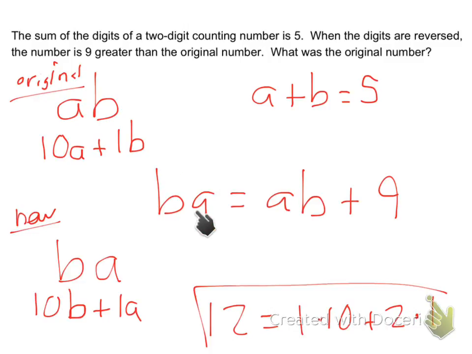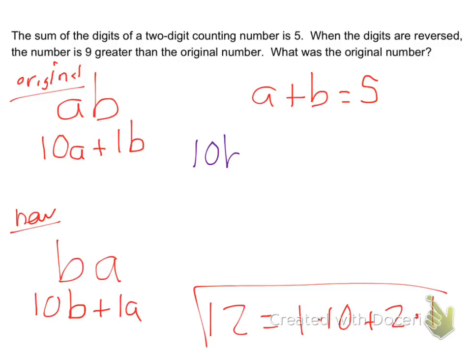That's not right. I think this is the right setup, as in the new number is the old number plus 9, but the value of the new number is 10B plus A. The old number is 10A plus B. So we need to say that 10B plus A is equal to 10A plus 1B plus 9.